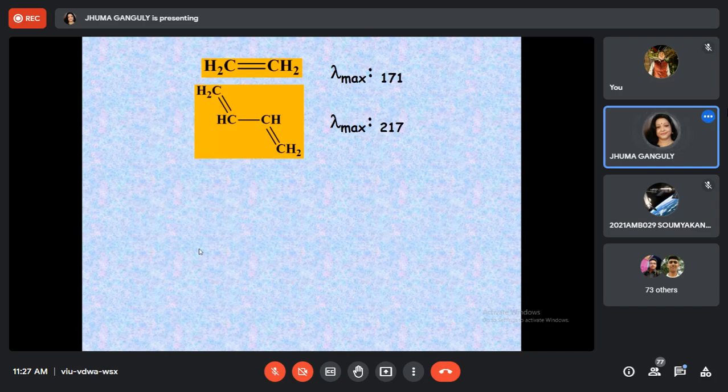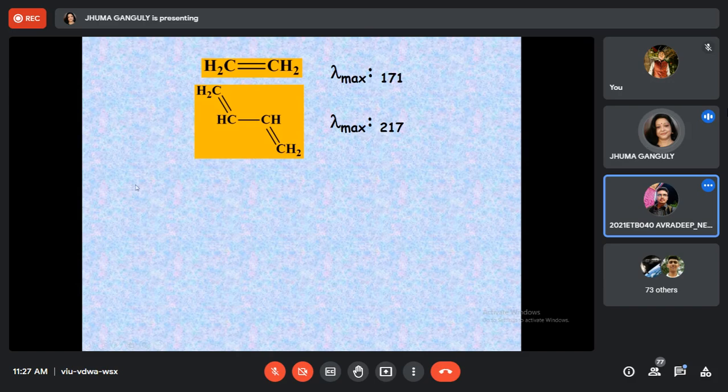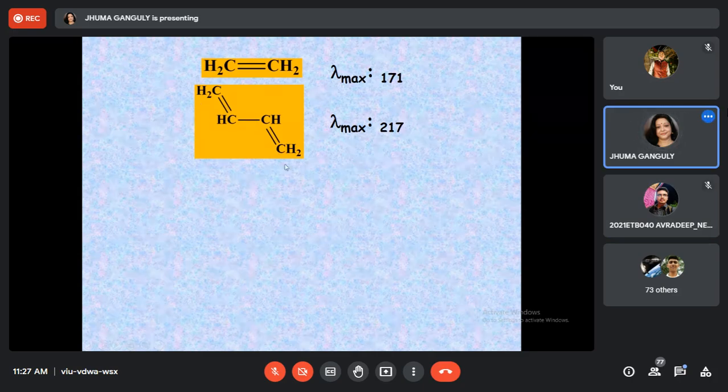Now this one. The lambda max for the ethylene moiety is 171. Then what happened with the 130 being so much higher, with lambda max of 217 nanometer? Due to resonance, conjugation, there is a lower energy gap.